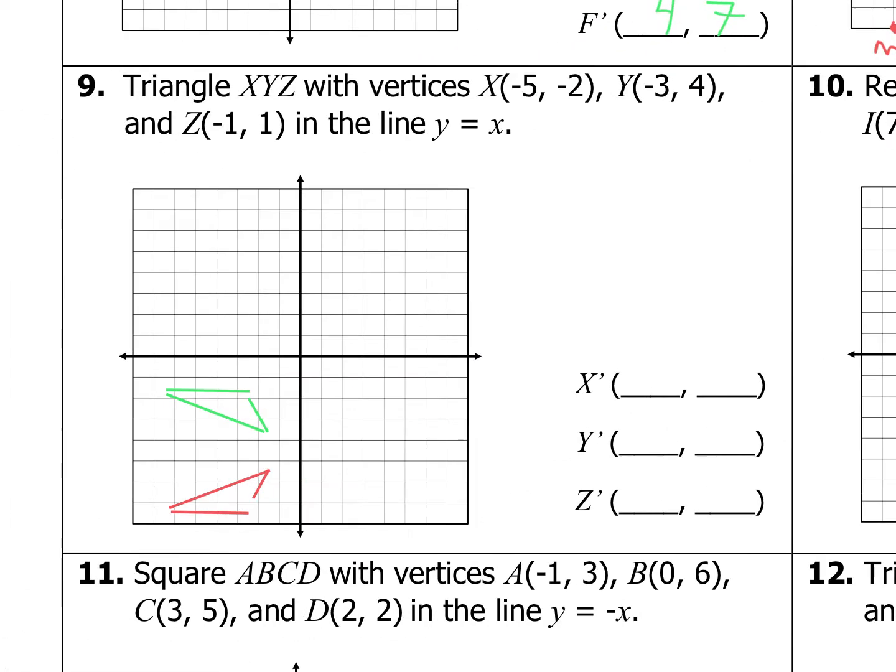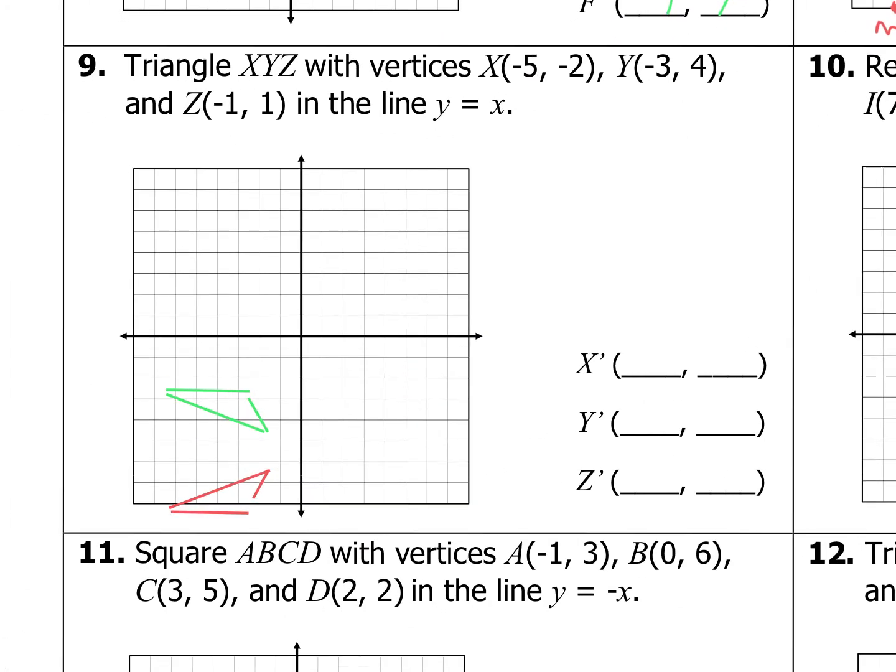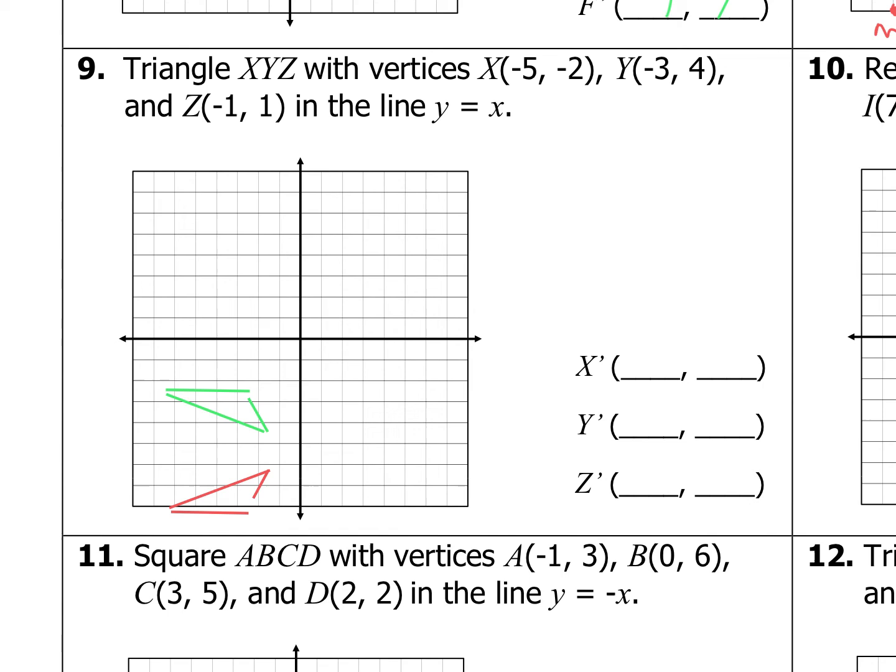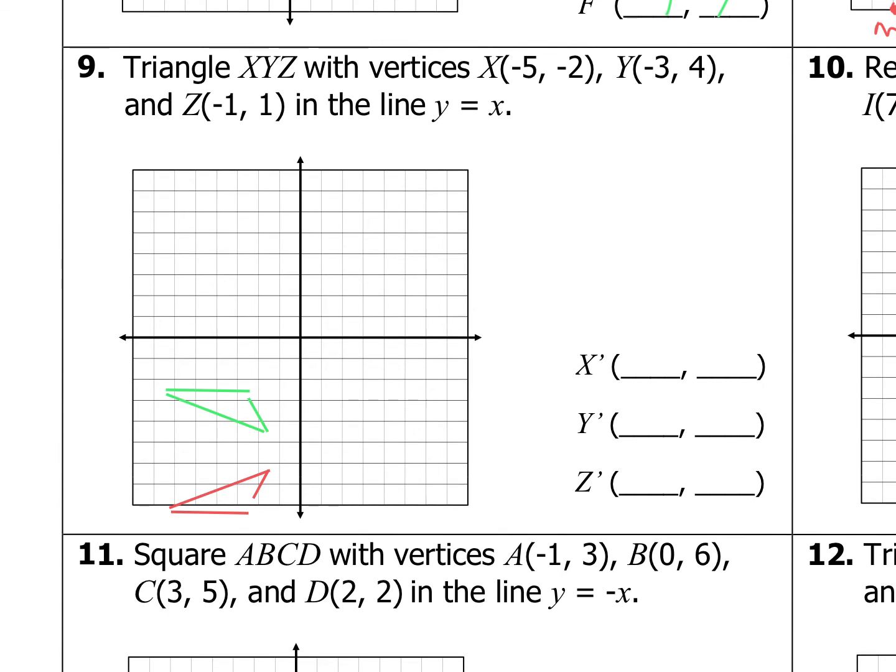So moving to 9 and 11, what I would like you to do, well, let me go ahead and get rid of these shapes that went with it for a minute, so hang tight just a second. Okay, so let's talk about how we are going to graph y equals x. So our line of reflection is now going to become diagonal.